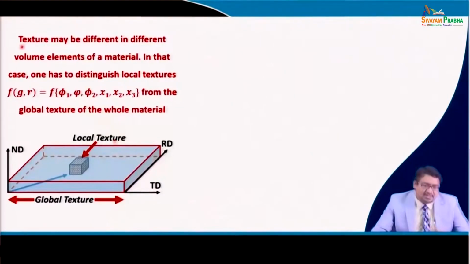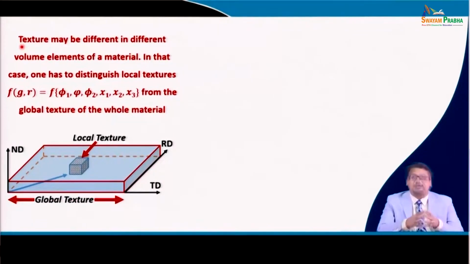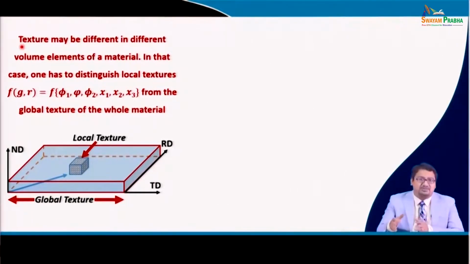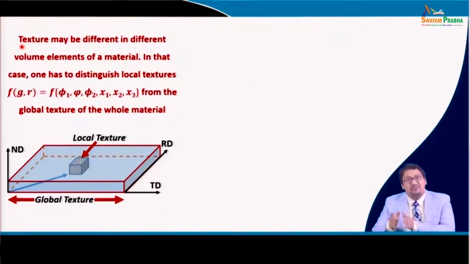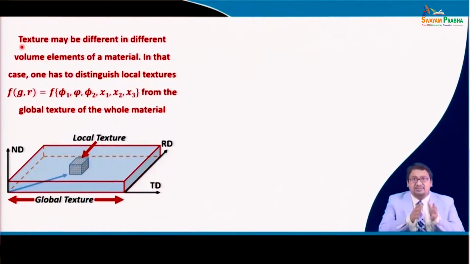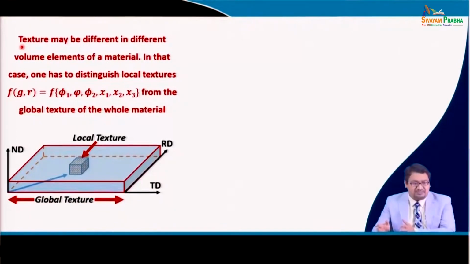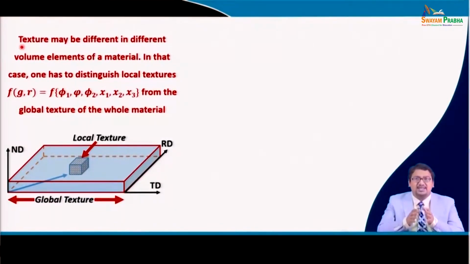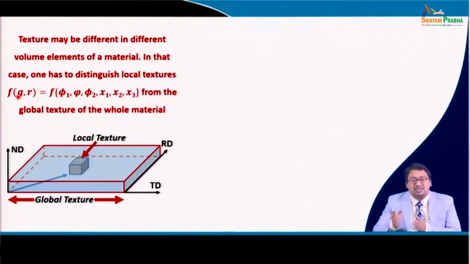Now, you see, in a material which is processed in some way, like solidification or deformation, there may be heterogeneity present in the material. So, the texture is different in different volume elements of the material. Also, it will be different in different positions of the material. So, in that case one has to distinguish this orientation location space, that is F, in terms of orientation g and in terms of the position, that is x 1, x 2 and x 3.